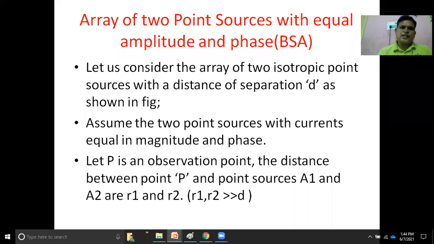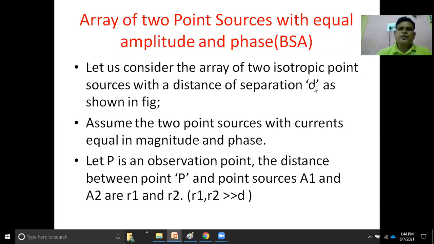First, we'll see the broadside array case. Here we'll start with two point sources, or two antennas, then extend it to n number of antenna elements. Let us assume we have two isotropic antennas, and the distance between the two antennas is d.